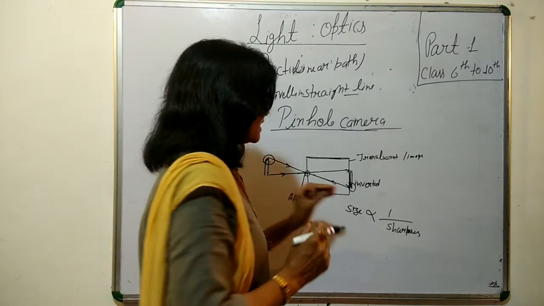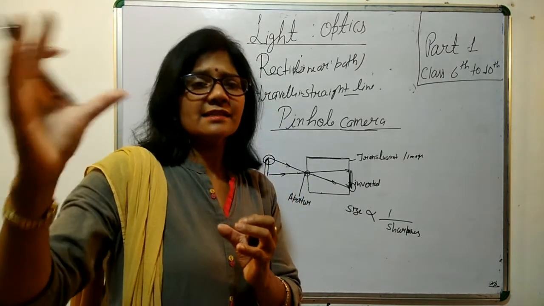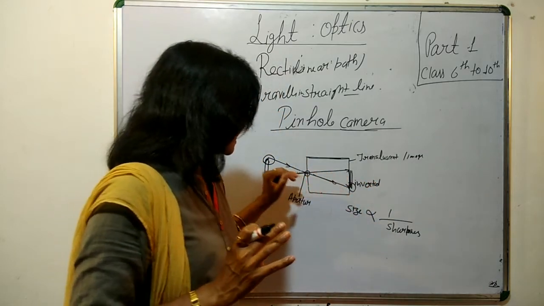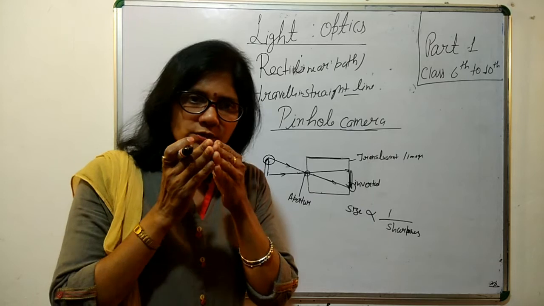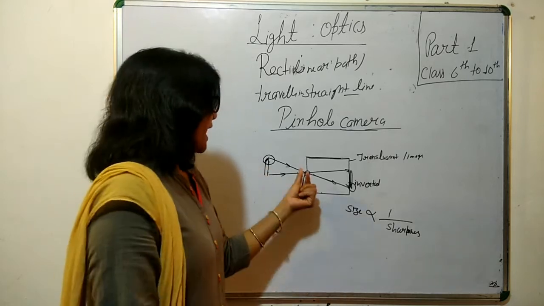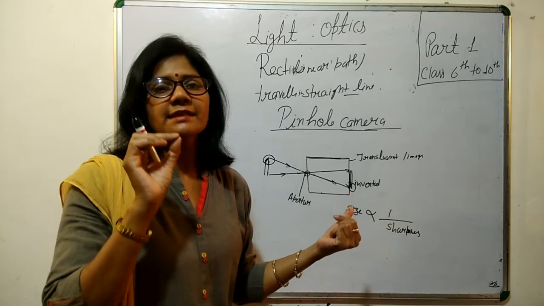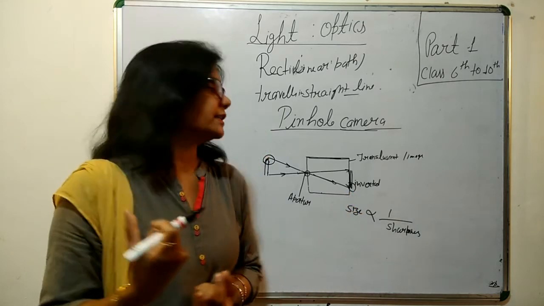Even this sharpness can be at the level of SLR cameras, because the intensity of light going through that small aperture is very high. And nowadays we make this hole with the help of laser light, so that this aperture can be very small and we get a sharp image.